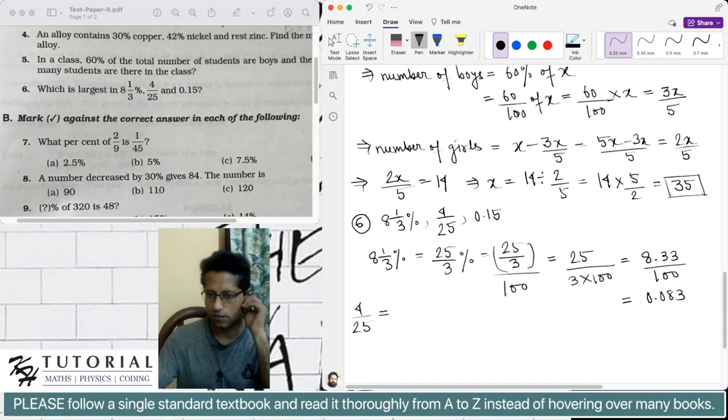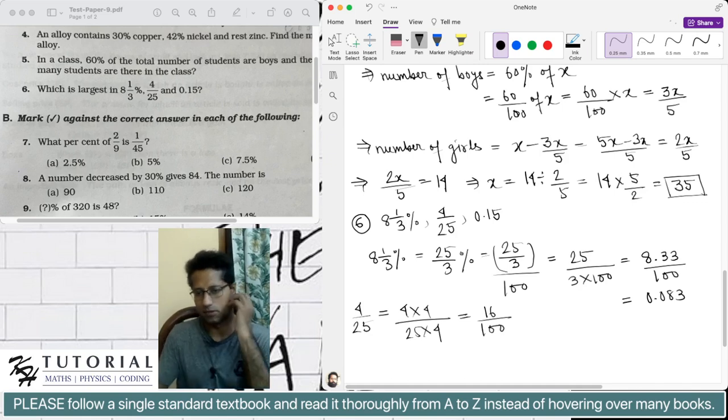I can see the denominator is 25. If I multiply with 4, I will get 100 in the denominator. So this fraction is equivalent to, I will multiply both the numerator and the denominator with 4, and I get 4 into 4 divided by 25 multiplied by 4. This is equal to 16 by 100. Now I see that the denominator is 100. I can easily convert this to a decimal, and it will be 0.16.